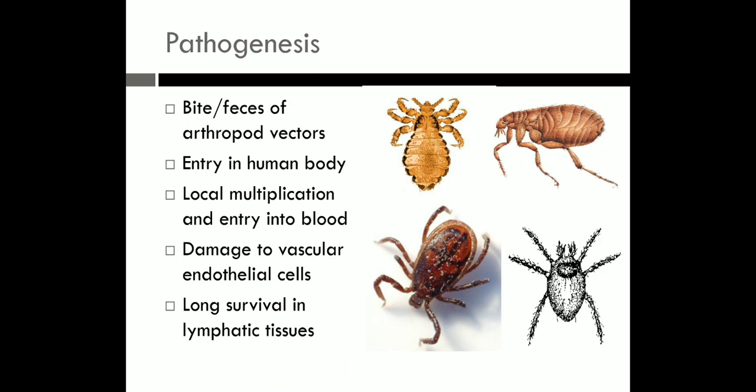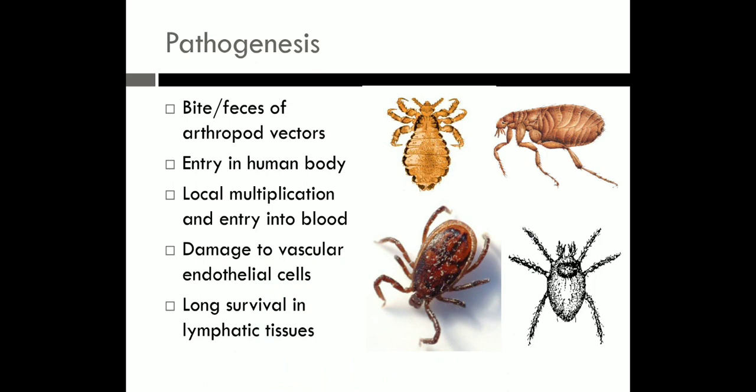They are also transmitted by aerosols, that is, by inhalation of dried louse or dried flea fecal matter in the lab or as a part of bioterrorism. So that's why I mentioned that it requires biosafety level 3 facilities for lab isolation.